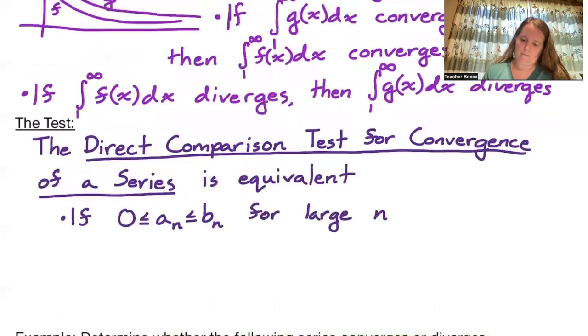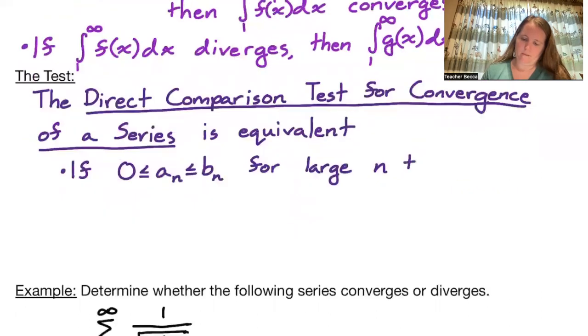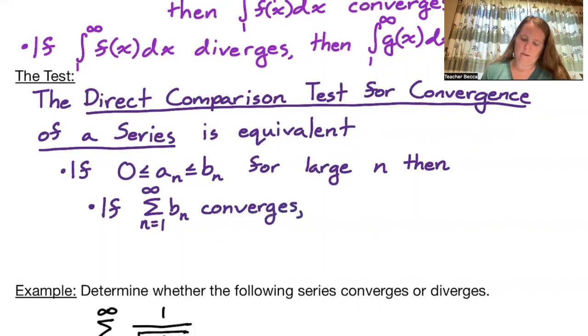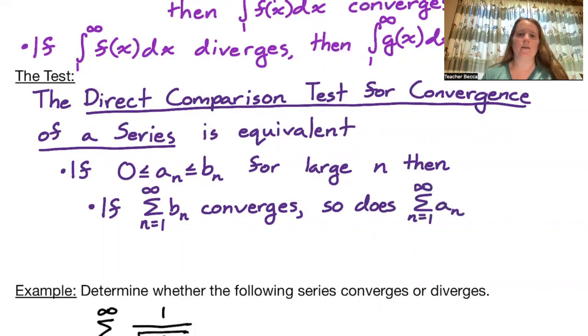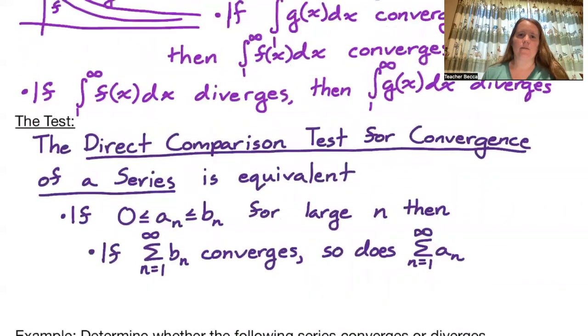Then we have if the series from n equals 1 to infinity of b sub n converges, so does the series from n equals 1 to infinity of a sub n. So this is equivalent to that first statement.